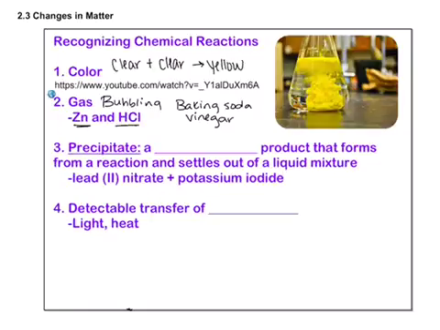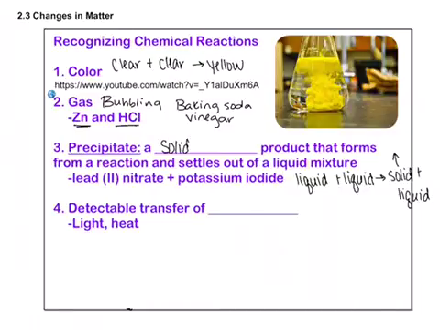During some chemical reactions, you will form a precipitate, which is a solid product that forms from the reaction and settles out of the liquid mixture. So here we generally will end up starting with two liquids, adding them together. The reaction takes place and you'll get a solid and a liquid.